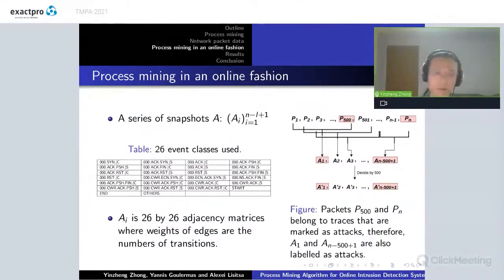If we observe something that's not included in this table, some rare cases, we just classify it as others. So we have these 26 event classes, and A is a 26 by 26 adjacency matrix, because it's a graph.